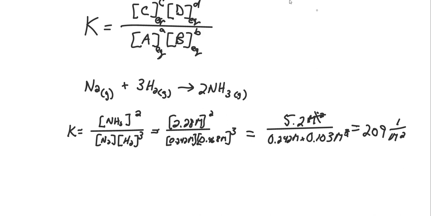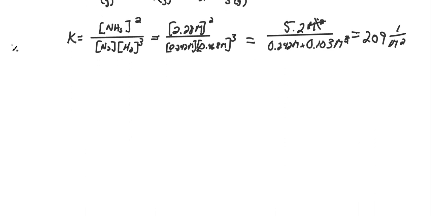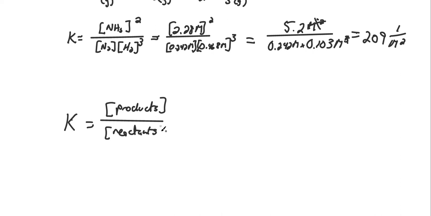Now this reaction constant can tell us something about the direction that the reaction is going to proceed. Let's scroll up a little bit here. So in reality, K is going to be equal to the concentration of the products divided by the concentration of the reactants, to state it very simply.